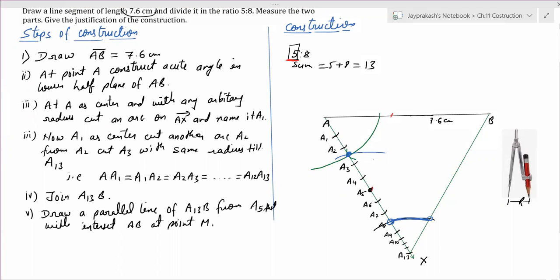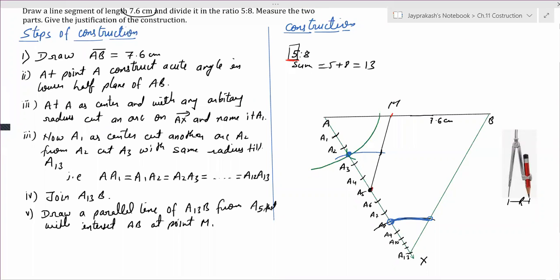So somewhere we will get by the measurement this side. So give it as a point M.